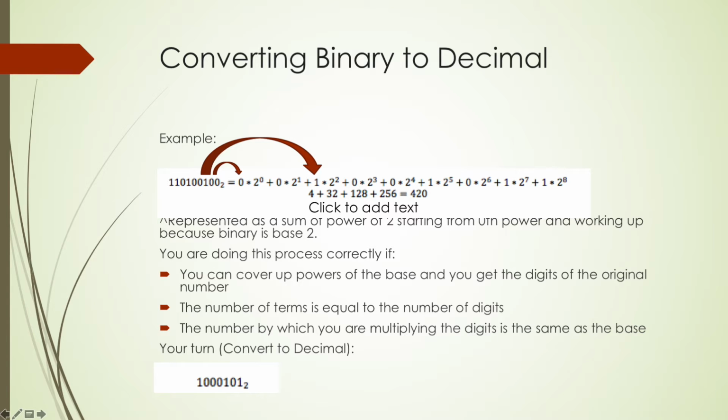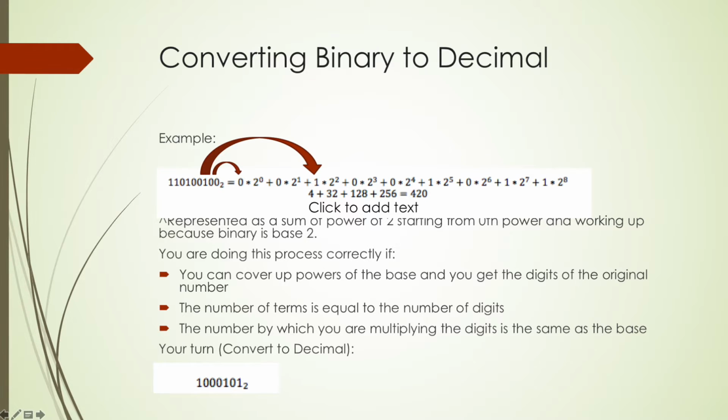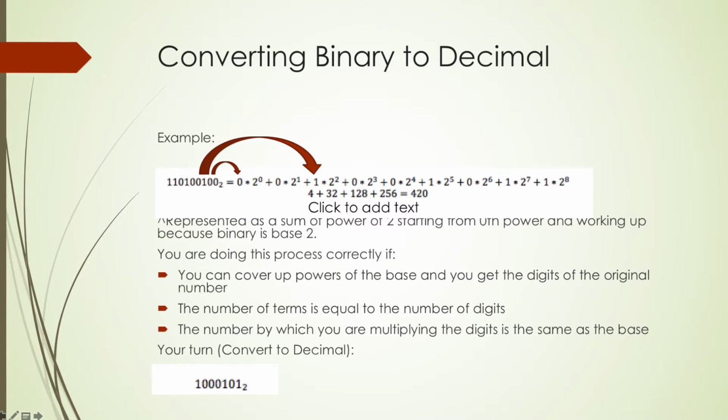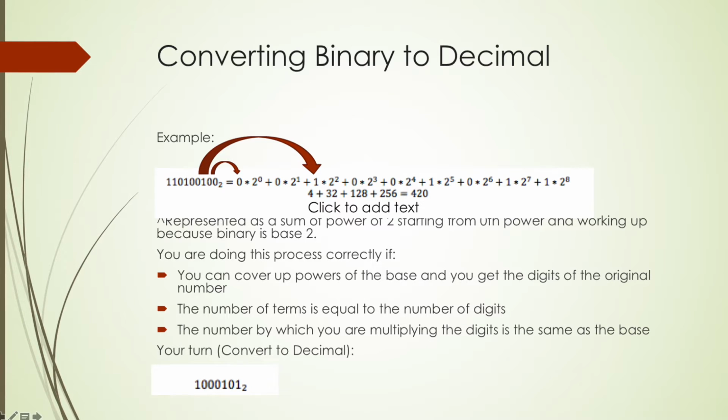Converting binary to decimal. So this is an example: 110100100 base 2. The subscript tells you it's binary. When you write it out based off of the powers of 2, so 0 times 2 to the 0, and you do all the calculations, you get 420.